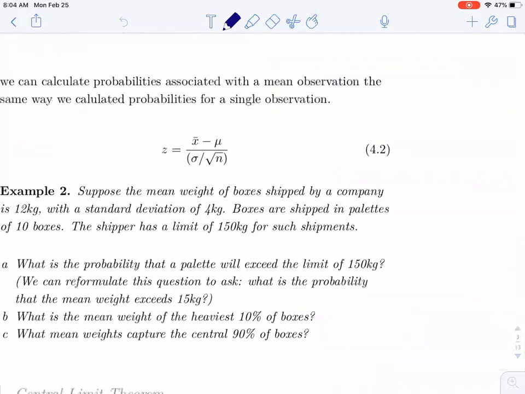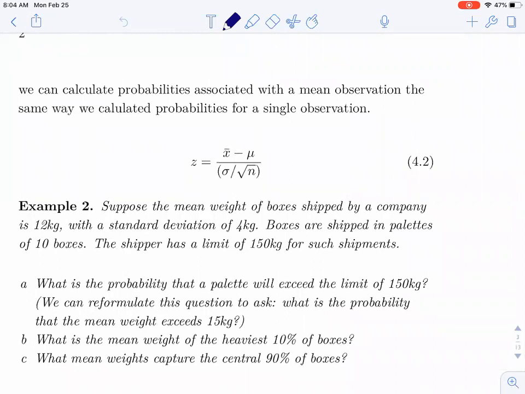And then we said, okay, that's all fine, knowing how the mean is distributed. But what we're really interested in is probabilities associated with the mean. To get to those probabilities, we use z-scores still. We just alter our z-score formula slightly, so z is still a z. We know how to deal with z's. You had to do that on the test.